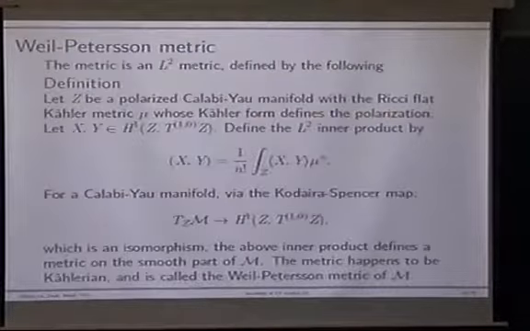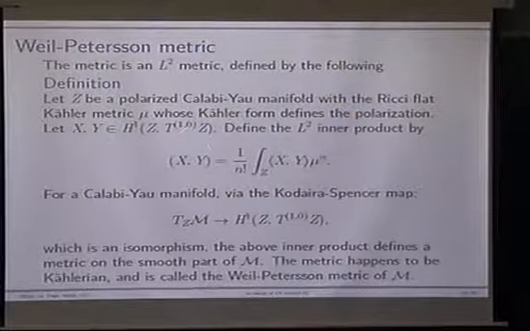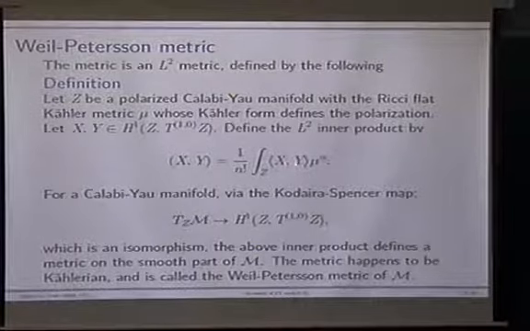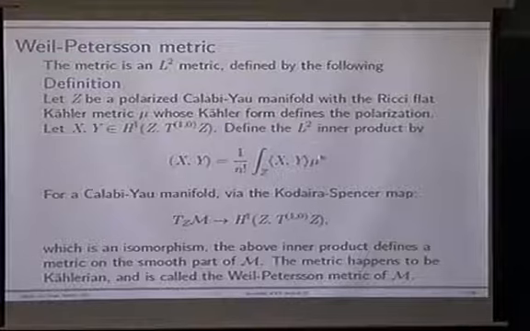So recall that by our definition of the L2 metric, we have to say, okay, Z is a Calabi-Yau manifold, then we have to choose a Ricci-flat metric. Using the Ricci-flat metric, we can produce the pointwise inner product and then integrate over the whole manifold. We get the L2 product.